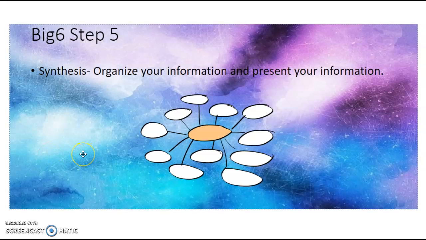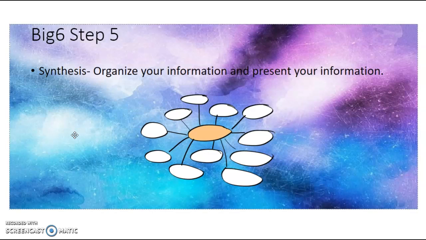Big Six, step 5, synthesis. Organize your information and present it. So I went ahead and put a graphic organizer here to show you that we can organize it in this way. So we can have a web and our main topic can be here, and then we can branch out some topics, and then we can continue branching out based on the subtopics here.